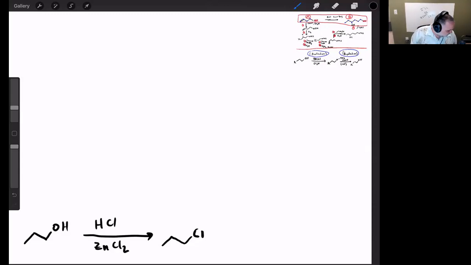I can also accomplish the same reaction in the presence of SOCl2 and pyridine.